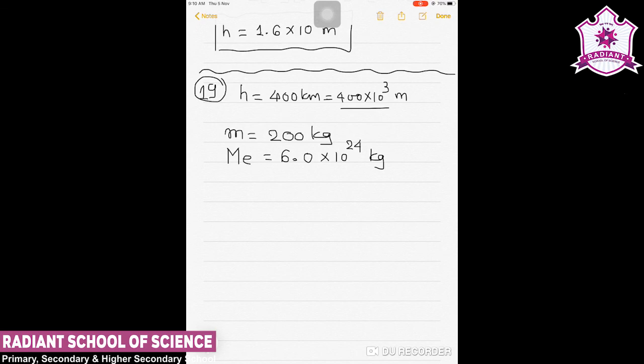Radius of earth is 6.4 into 10 raised to 6 meter. And G as usual in SI is 6.67 into 10 raised to minus 11 SI, that is Newton meter square per kilogram square.